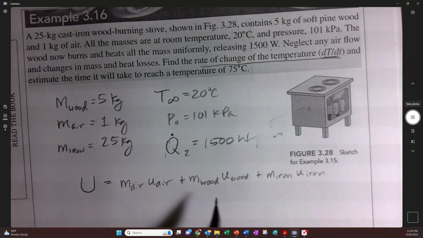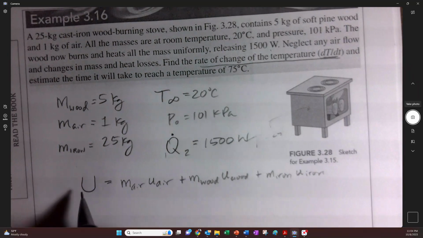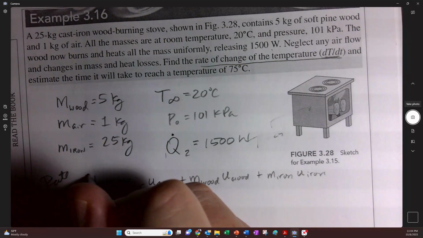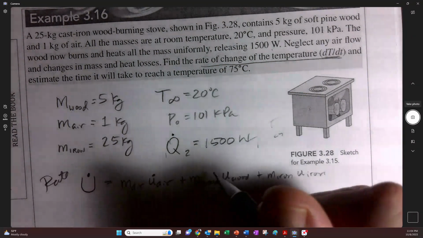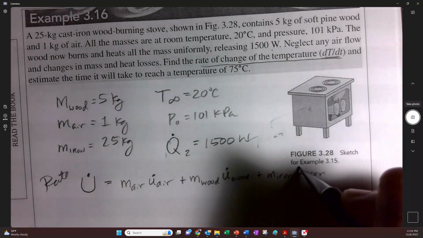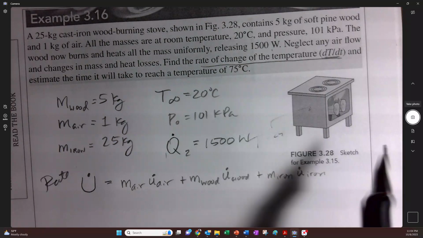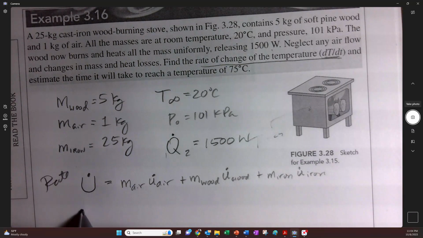So if you take a rate of it, I'm not going to rewrite it out again. The rate is all this, because the masses don't change, so all those are going to be constant.